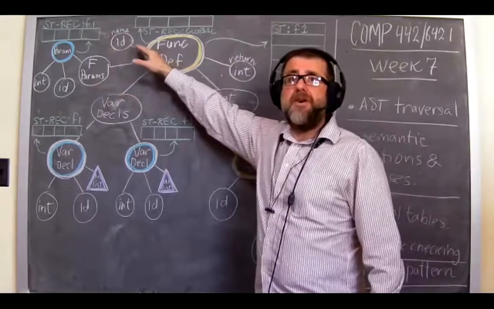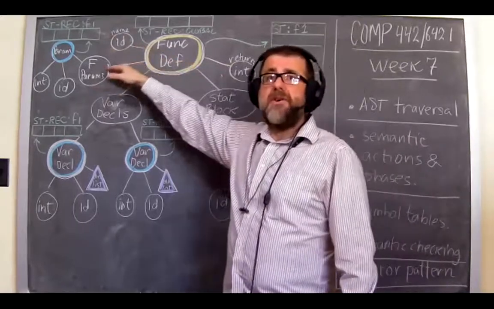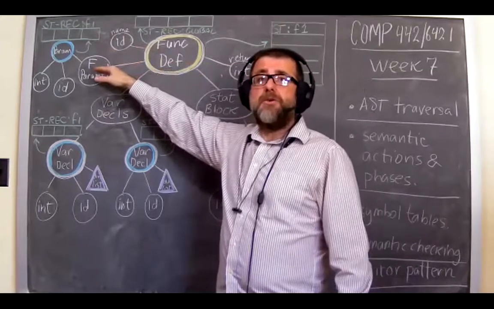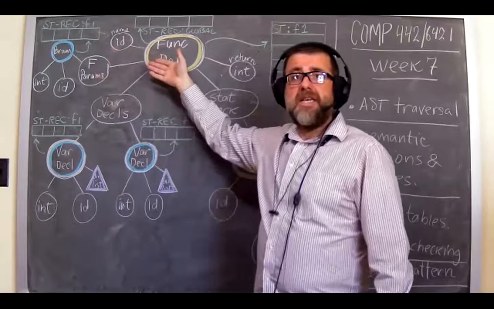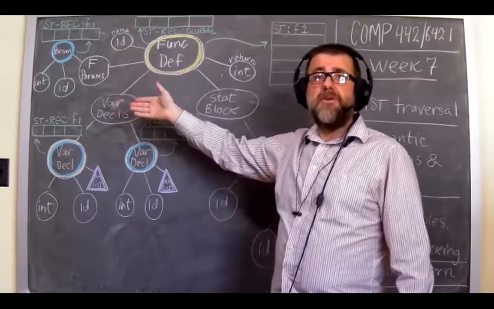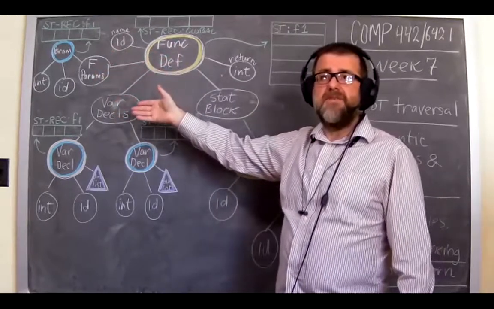That's the name of the function. That's the formal parameters of this function, so the list of parameters. And this is the list of variables that are declared inside of this function.